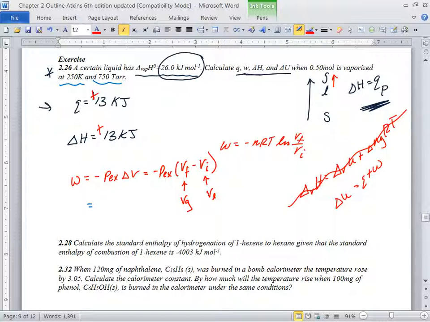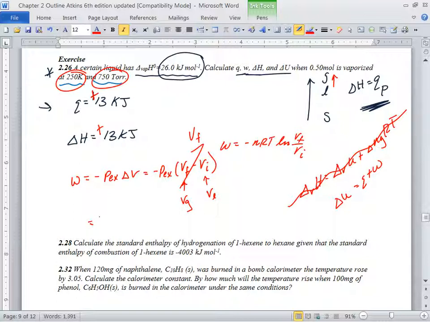Yeah, we can solve for it, because they give you this stuff, right? Okay. So V final, it's expanding against the 750 torr, right? And vaporization is expansion. Well, you're turning into a gas, so it has to be.